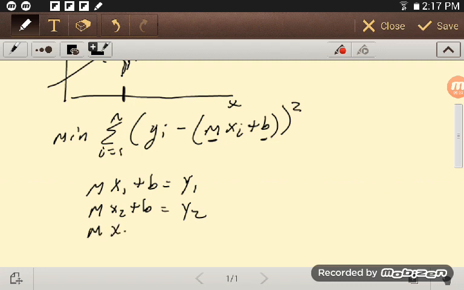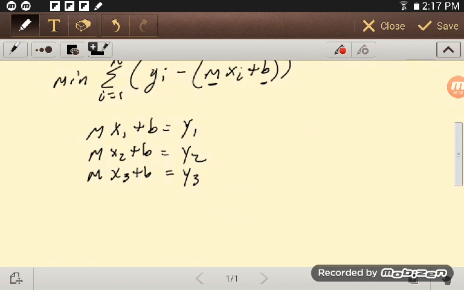Typically, we have more data than we have unknowns. We still don't know m and b, but we have at least 3 data or 4 data or 10,000 data or something like that. So this would go down to m times xn plus b equals yn. We would never expect to be able to find a solution to these n equations with just 2 unknowns.